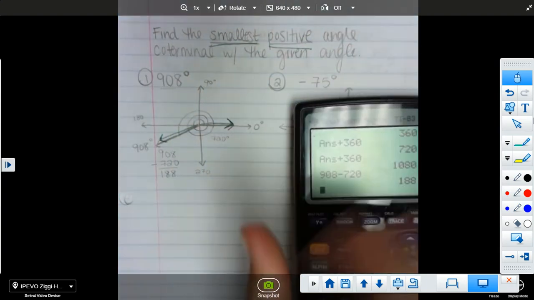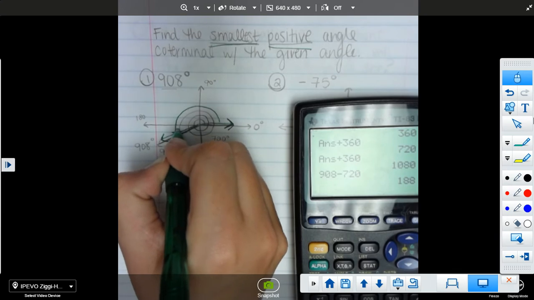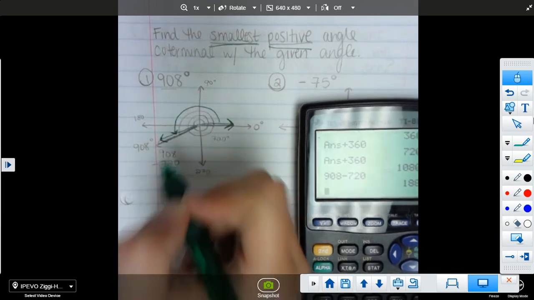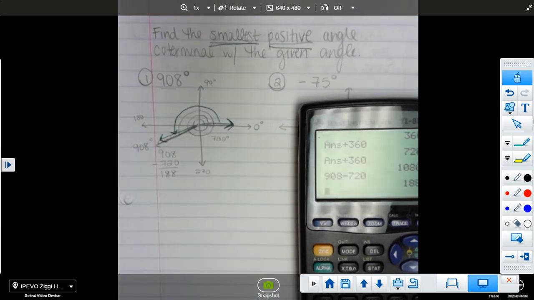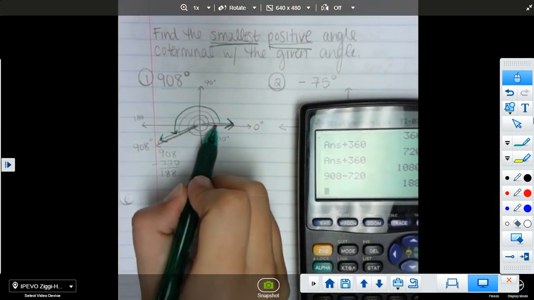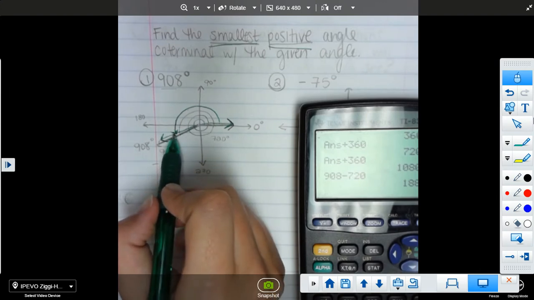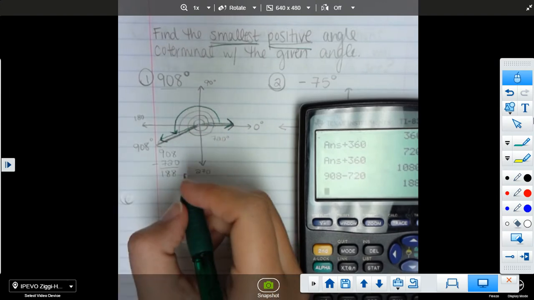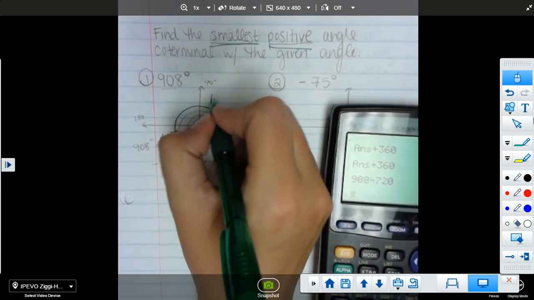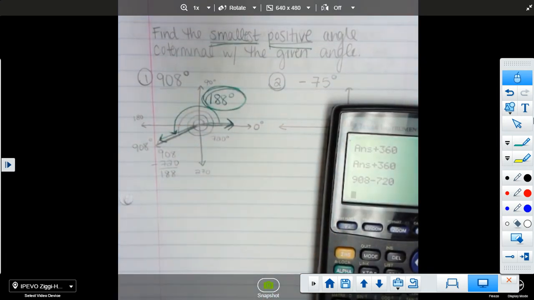So that means we want to go clockwise just until we hit this, and then we want to stop. We don't want to take any additional laps around. So this angle would be, well, here we were at 720. We need to go 90, 100, 188. Excuse me. So our smallest positive coterminal would be 188.